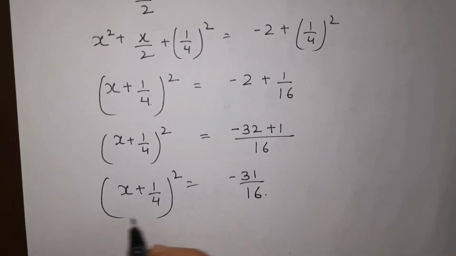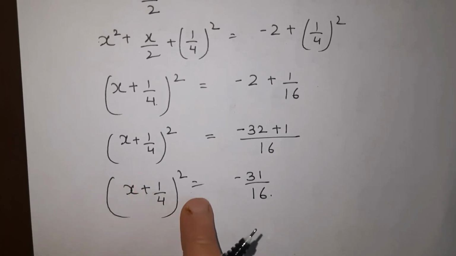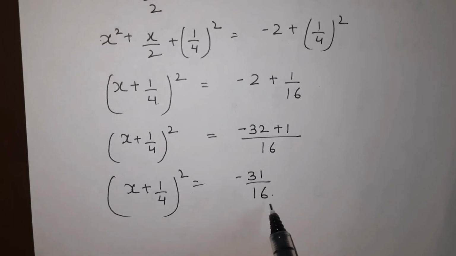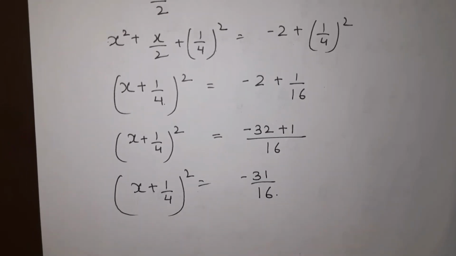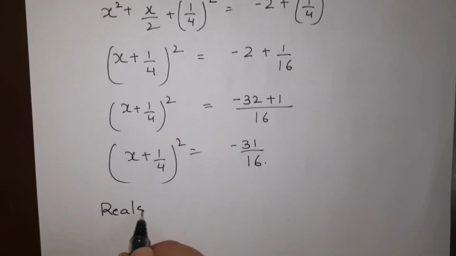Now my question is, can the square of any number be negative? This is the square of this thing and the answer is negative. No, the square of a number cannot be negative. That means we cannot solve it now, or we can write that real roots do not exist.